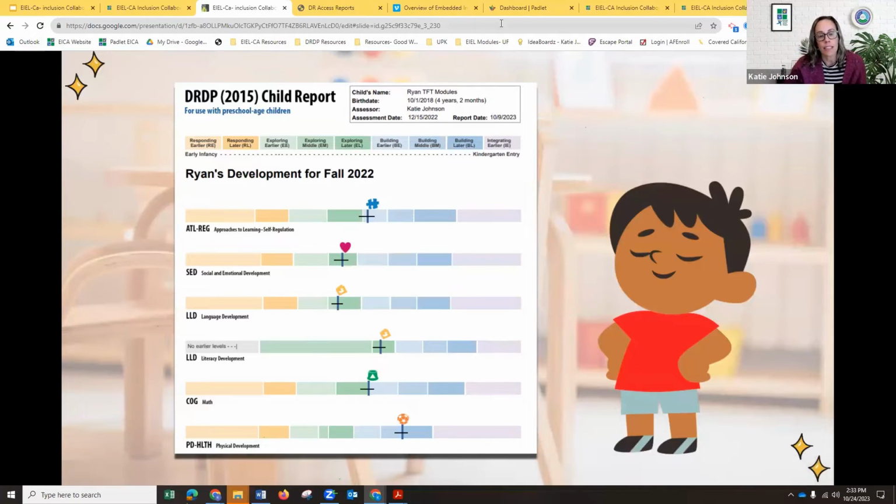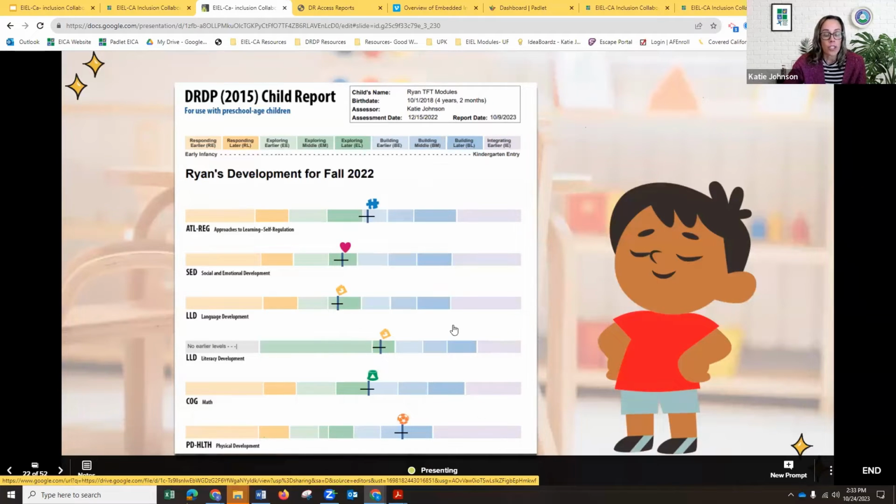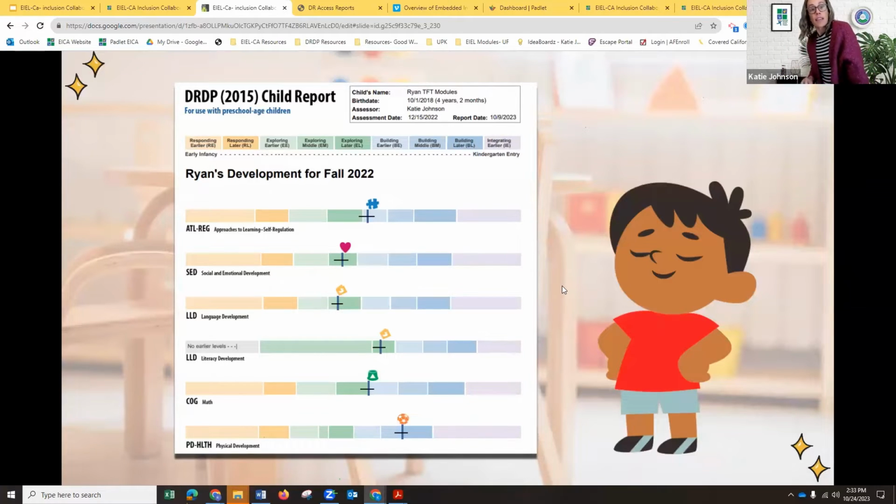If we say, here is more towards the early infancy side, and here is towards the kindergarten entry side, and we see a jagged profile, which everyone has a jagged profile, that is what normal, typical development is. Which measure or measures do you think might, based on this, show that he needs some more support in? Which measures are the ones that are closer to early infancy side than the kindergarten entry side for Ryan? Using this as a data point, what does that tell us? And you can write that right in the chat.